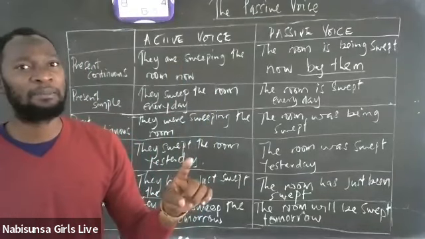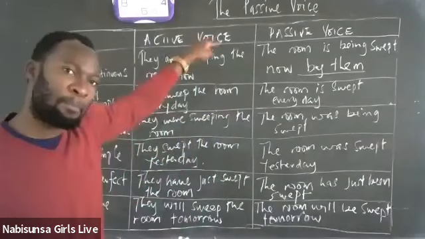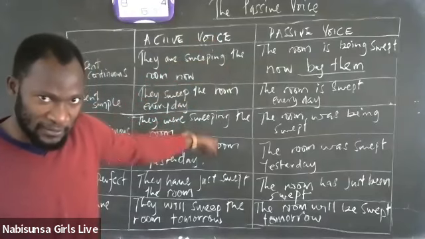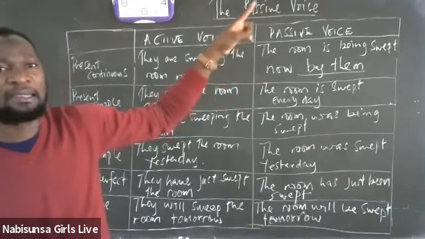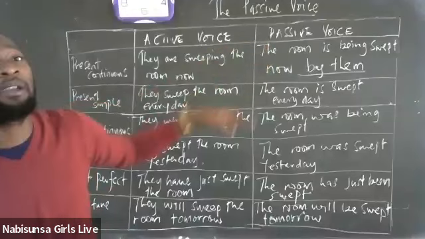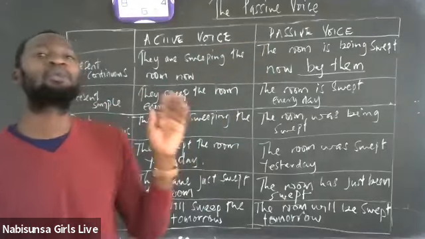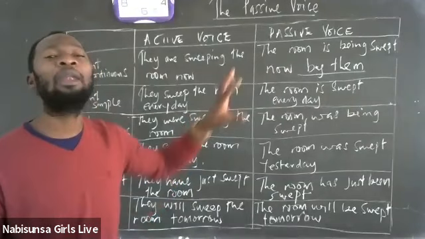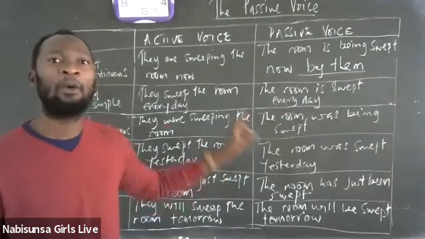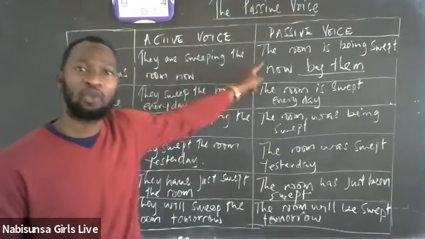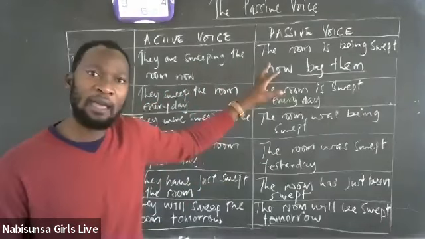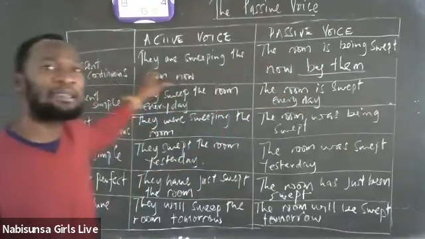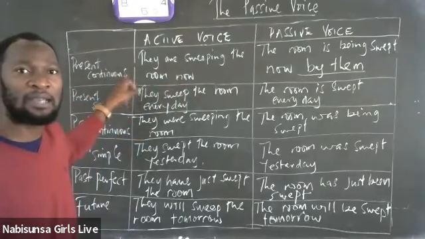How different has it been? These ones are expressed in the active voice, but the ones in the second column have been expressed in the passive voice. So that's where the difference comes in, okay? But the whole idea is the same. When you look at this sentence here and this one, they are the same. Why? Because they are all sentences of the present continuous tense.